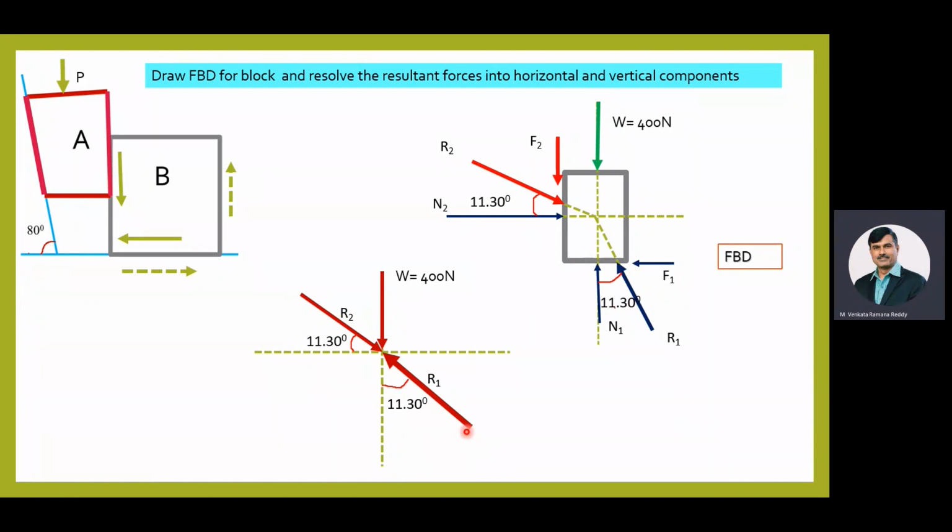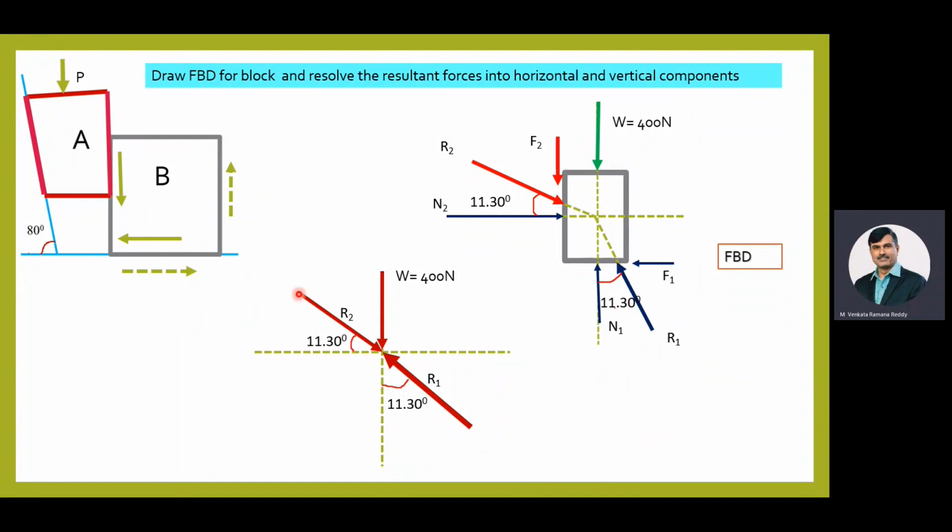First we'll resolve the R1 resultant force into horizontal component as well as vertical component. R1 resultant force horizontal component is R1 sin 11.30 degrees and vertical component is R1 cos 11.30 degrees.